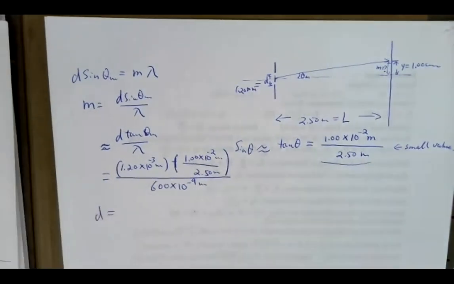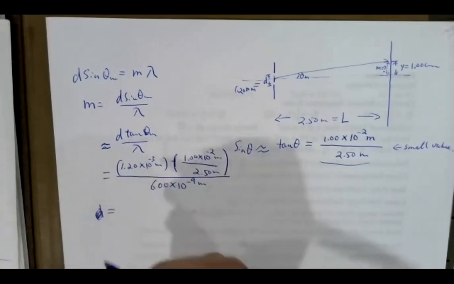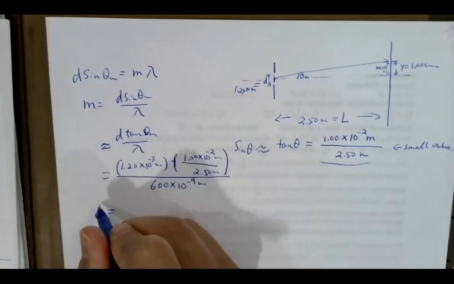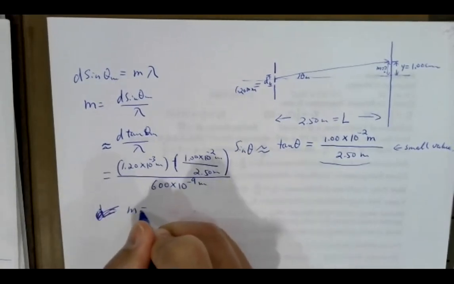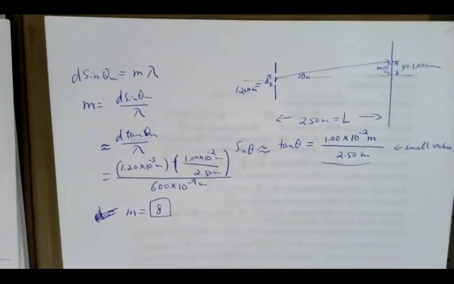With that, it gives you m, sorry, looking for m, so m is equal to 8. That means you'll be seeing 8 bright fringes within that 1 centimeter range.